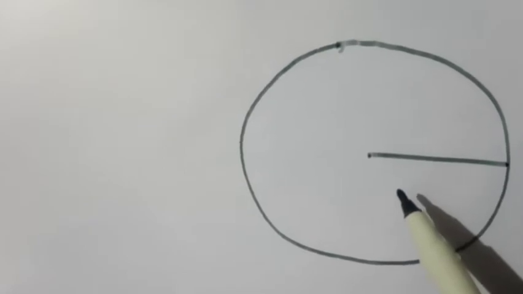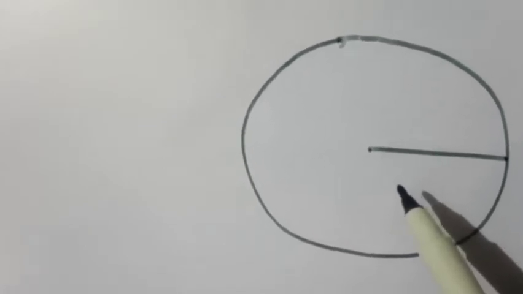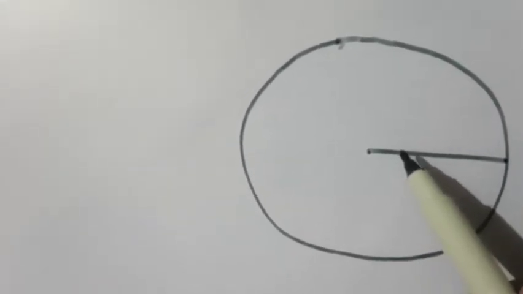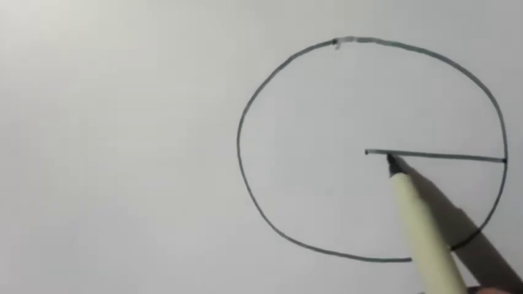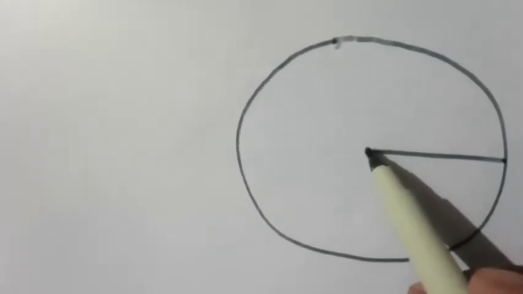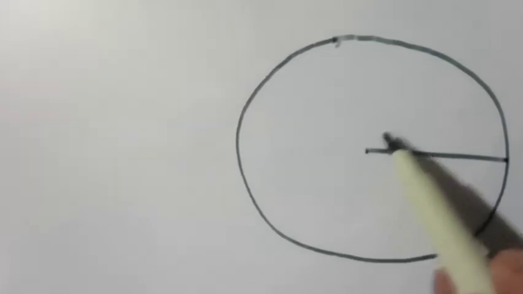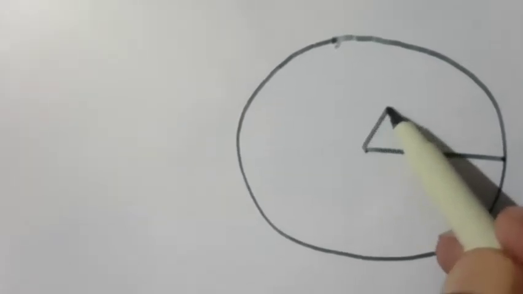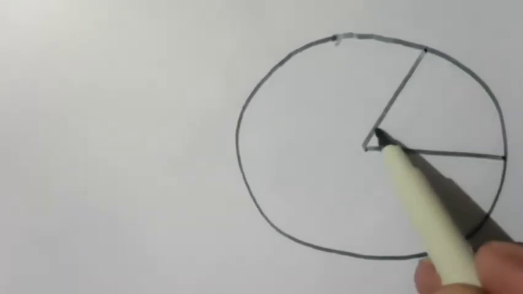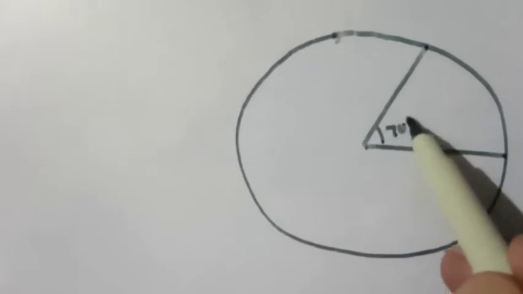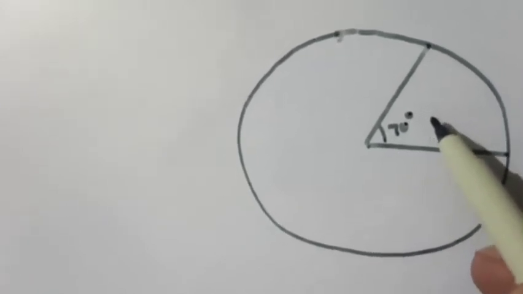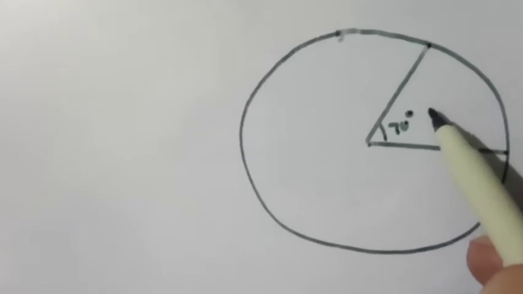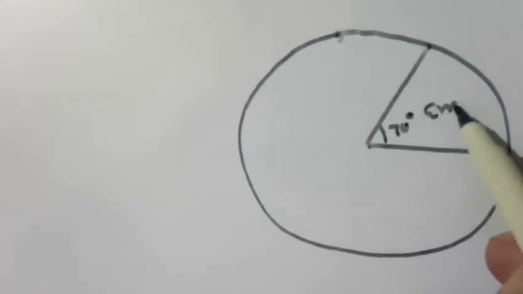Then we construct first of all angle 70 degree with a protractor. Let this angle be 70 degree, and this subject is English.